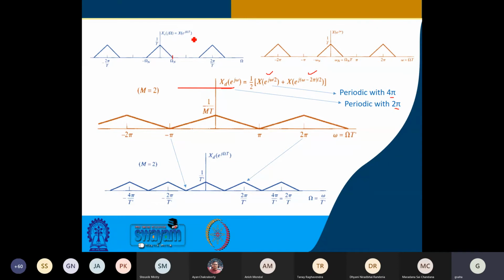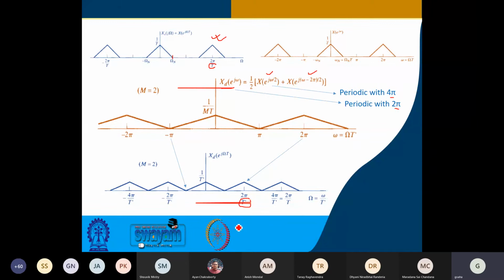And if you look at the continuous or analog frequency domain, so this was your original sampled signal, its frequency response. So there was sufficient gap. This was capital T. Now this is capital T prime, which is twice the sampling period over here.